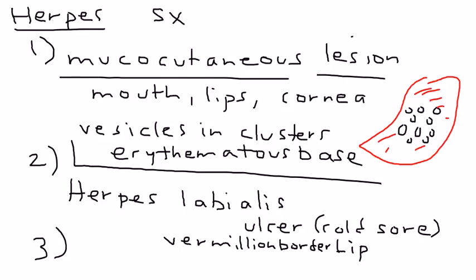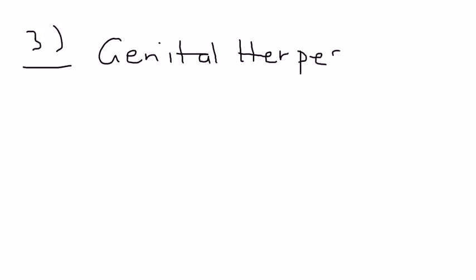And the last one, which I don't have enough space for, is the most common one, genital herpes. And that is by far the most common, in fact it's the most common ulcerative sexually transmitted disease in the world.